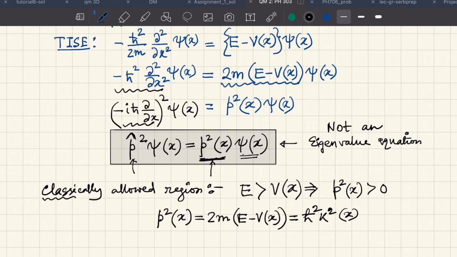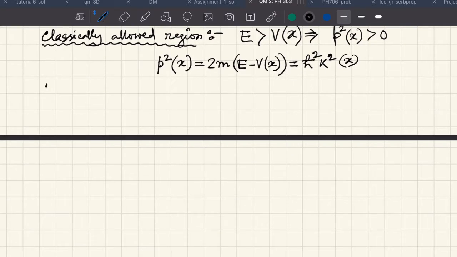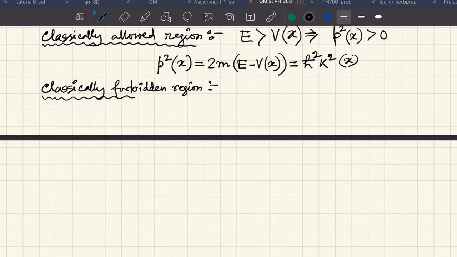You also have something called the classically forbidden region. The classically forbidden region should be some place where your E is less than V. So we will call this the classically forbidden region when p²(x) is negative.